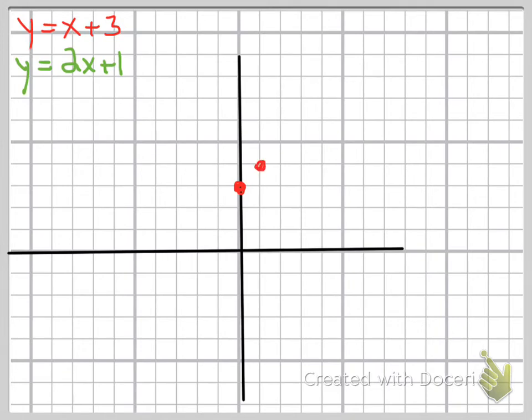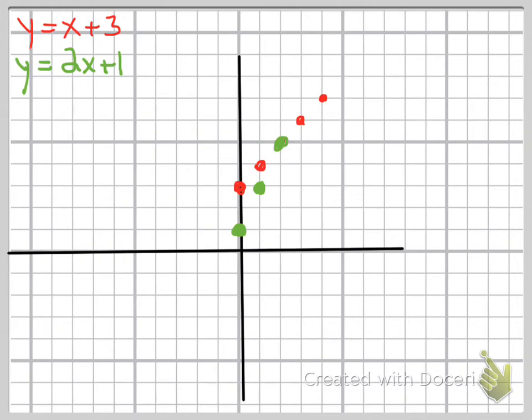You can use a straight edge to draw the lines, but rise over run, slope of 1 is just going to go up 1, right 1, right? And you don't really even have to connect the dots on these. Let me show you what I mean by that. Y equals 2x plus 1, what does it do? Y-intercept of 1, rises 2 and runs 1. Rises 2 and runs 1.